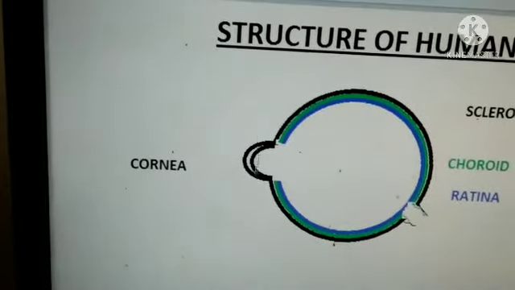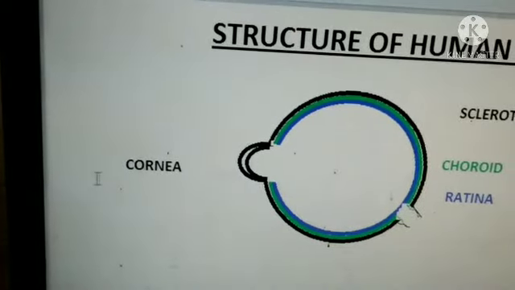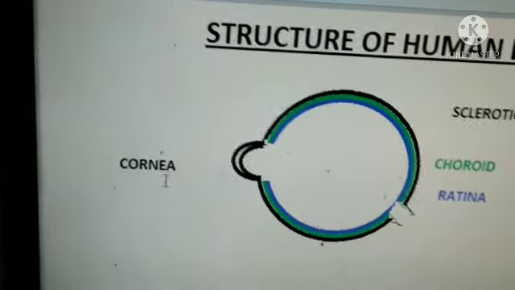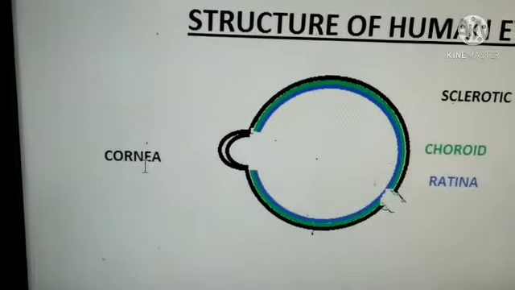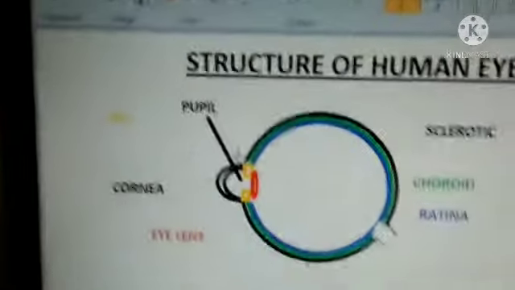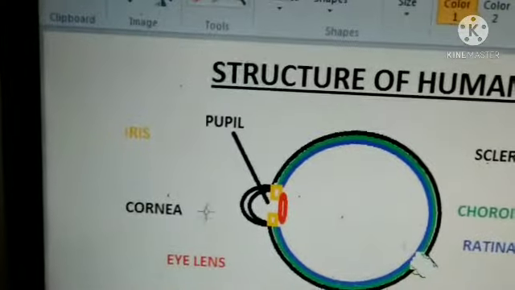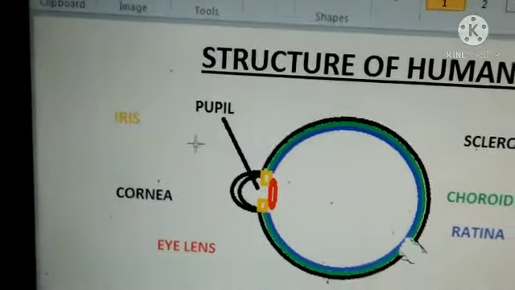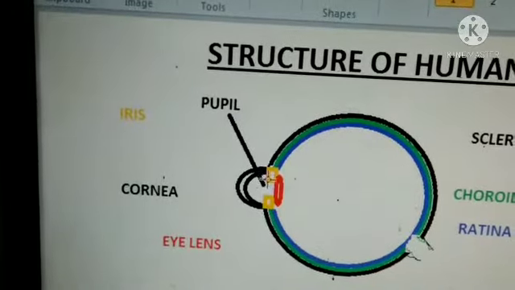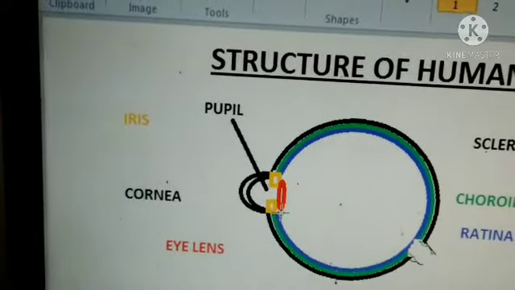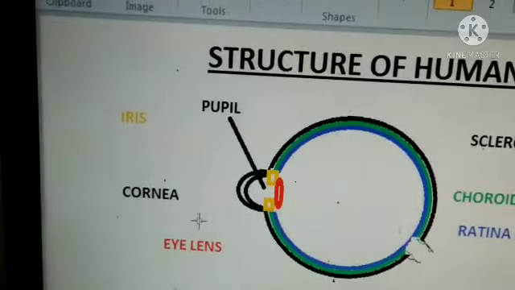And here this half circle is called the cornea. Now this yellow part is called the iris, and in this yellow part the space is called the pupil, and this red is the eye lens.